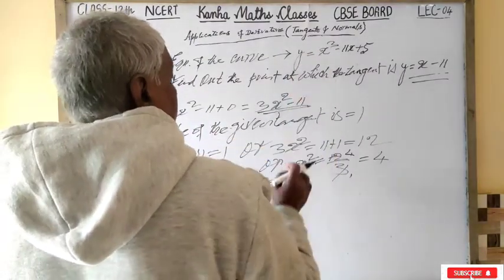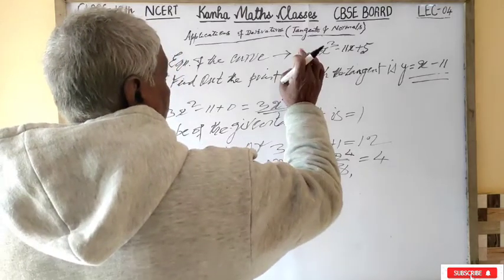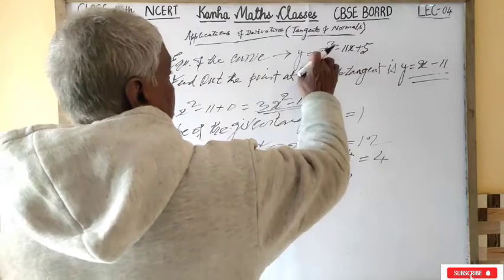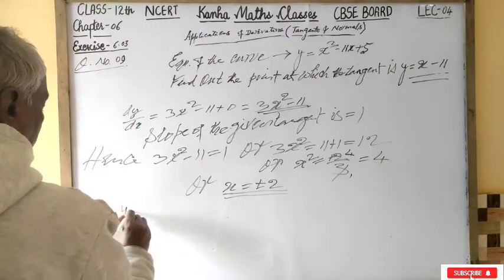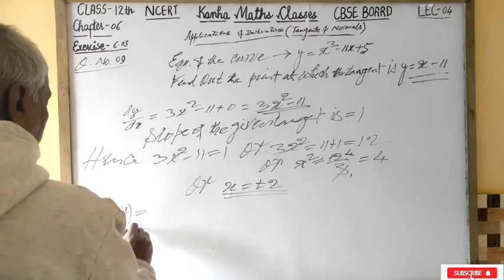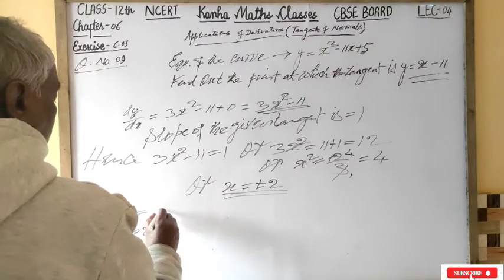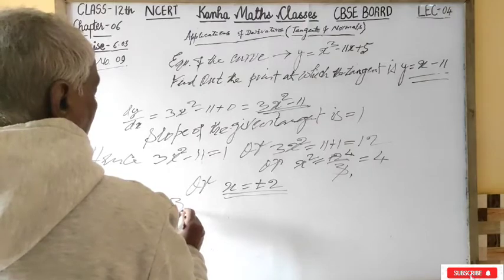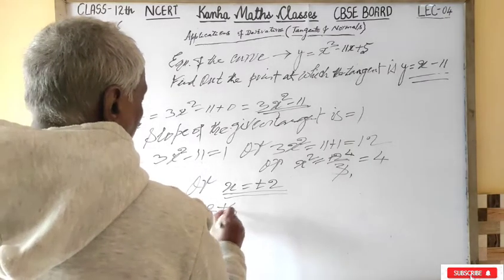For the requisite point of tangent on the curve, you have to find the value of y by substituting this value in the equation of the curve. Now y is equal to, at x is equal to 2, 2 cube minus 11 into 2 plus 5.